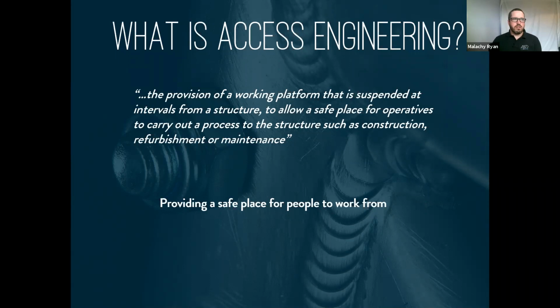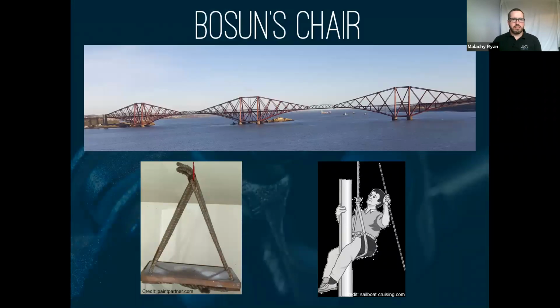So I'm going to talk a bit about the history of access. The original access system is the BOSUN'S chair, which comes from the shipbuilding side of things. Those of you who are familiar with it. What is the BOSUN'S chair? It's essentially a timber plank with 4 holes in the corner. A rope is put through these 4 holes and bridled at a central point.